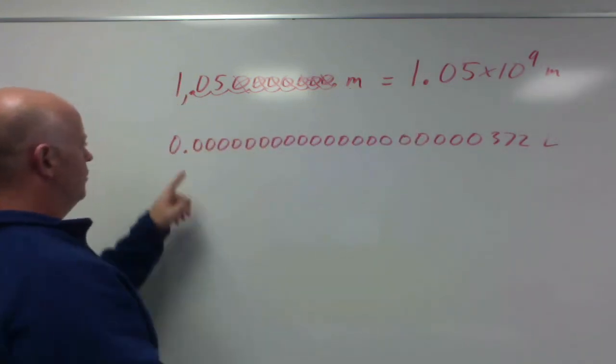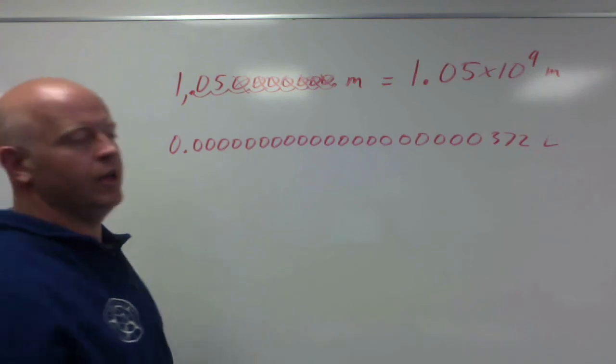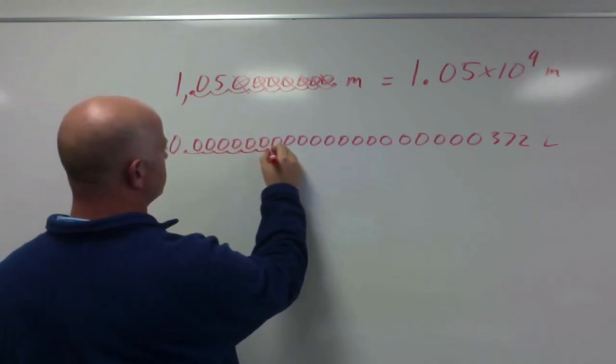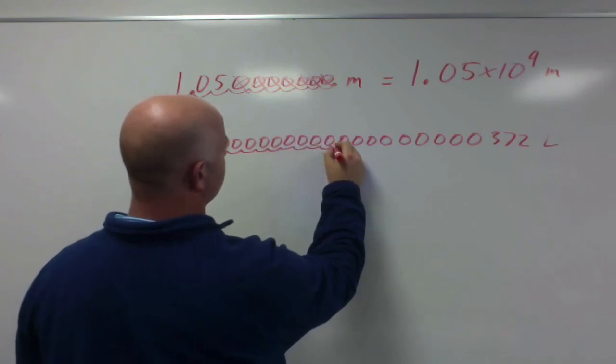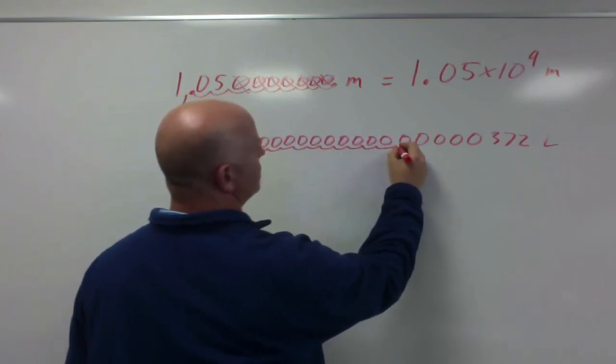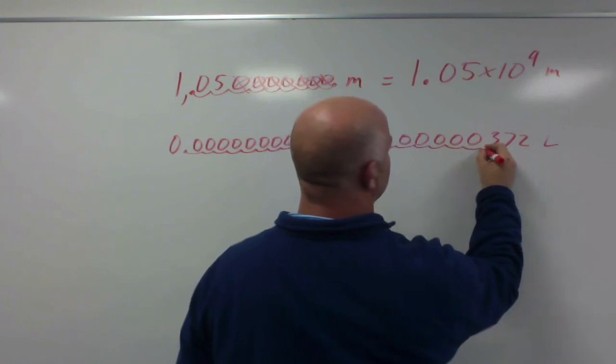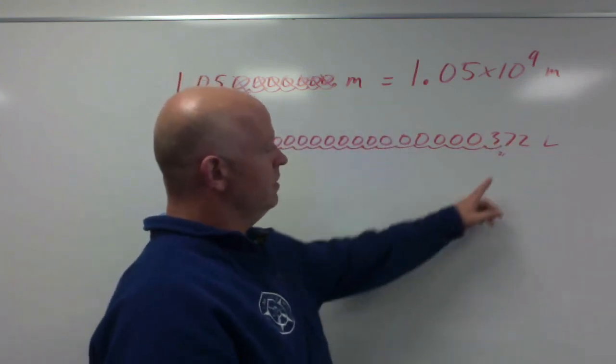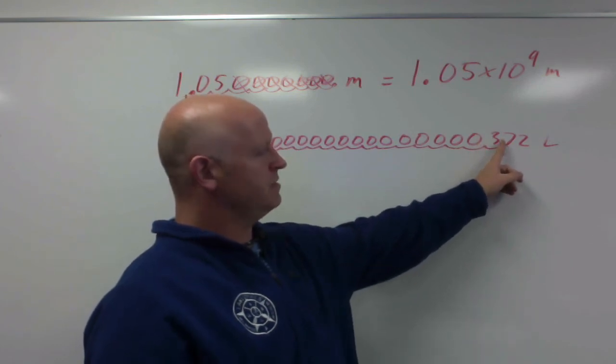For this number, we're starting on the left and we're going to work our way all the way to the right, so we're going to count it out. 1, 2, 3, 4, 5, 6, 7, 8, 9, 10, 11, 12, 13, 14, 15, 16, 17, 18, 19, 20, 21. So I moved it 21 spots. Typically you move it just past the first number.